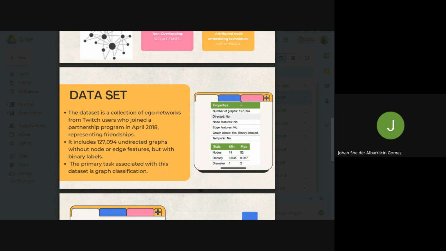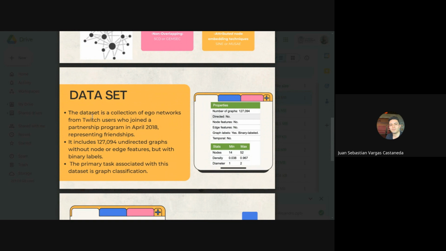Okay. All right. So our data set here, this paper actually has at least 4 different data set types, but we of course have to scope it to only one, and it's the one named Twitch Egos.